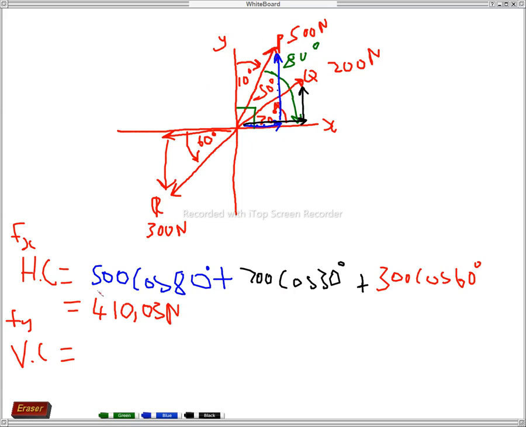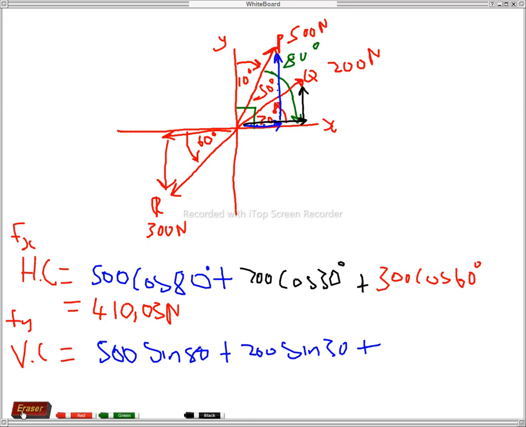So I will start with P. Let me use a blue marker again. When I start with P, for the vertical it is going to be 500 the sine of 80. Without looking at the sketch, you can simply take it from here, and then here is going to be 200 the sine of 30. I'm sorry for not using a different marker, but I guess you understand.